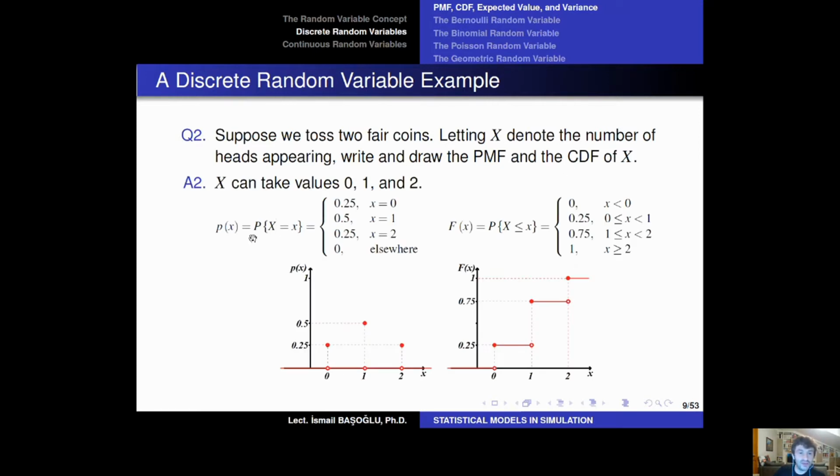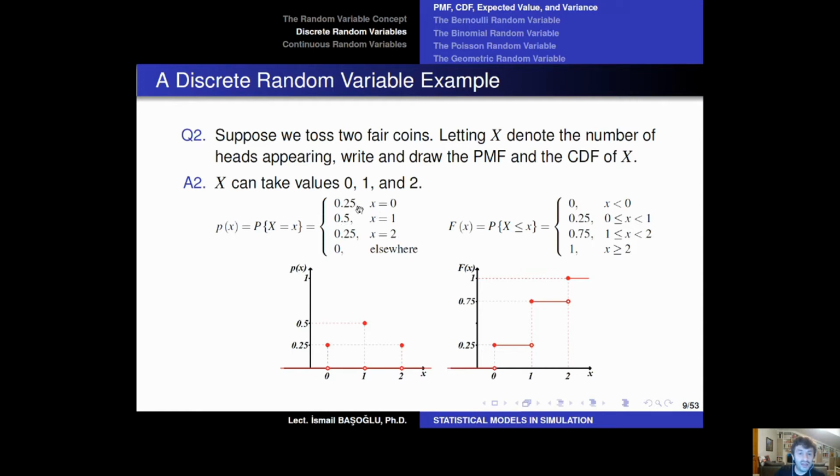Okay, so we have already determined the possible values that the random variable can take on: 0, 1, and 2. And the probability mass function of random variable X, which is p of lowercase x, gives us the probability of our random variable to be equal to any x values. As we have said, this lowercase x value can take on 0, 1, or 2.